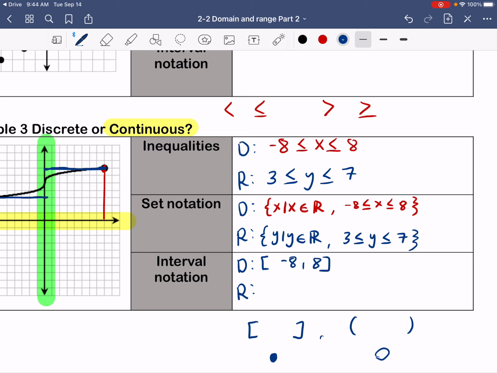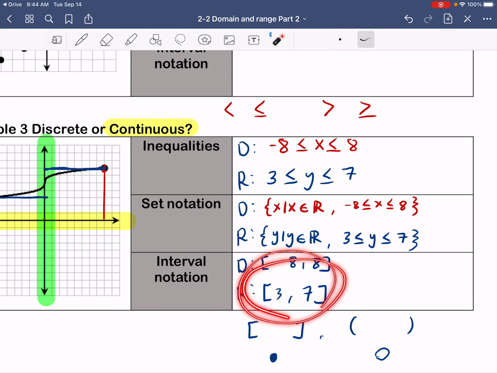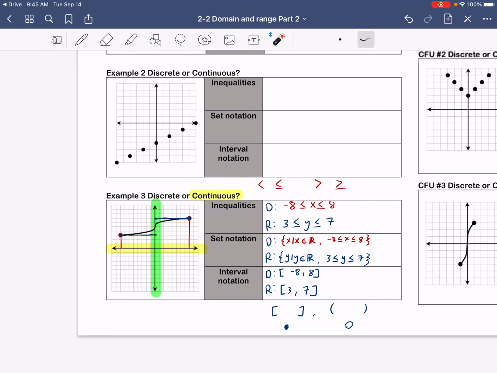For the range, that's gonna be 3, comma 7. That's it. The only thing that you have to be careful about is when you're doing interval notation, you have to use D and R clearly. Because if you don't put domain or range, you never know whether this one stands for the domain or range, okay?